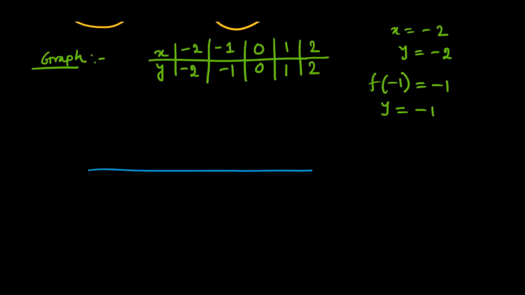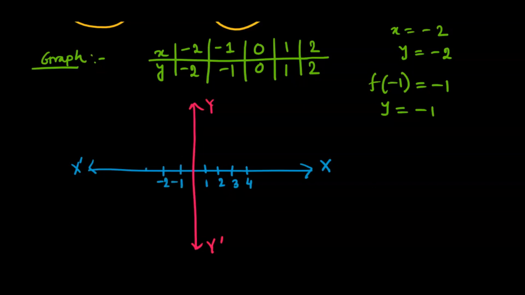So let's draw the axes. This is our x-axis and this is the y-axis. Now on these axes, suppose this is 1, 2, 3, 4 and so on. Here we have -1, -2, -3 and so on.